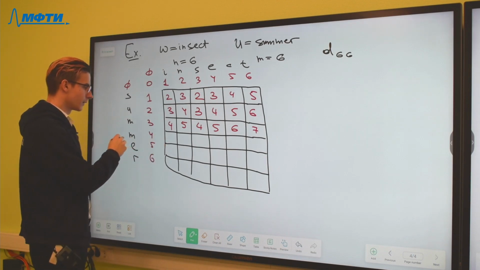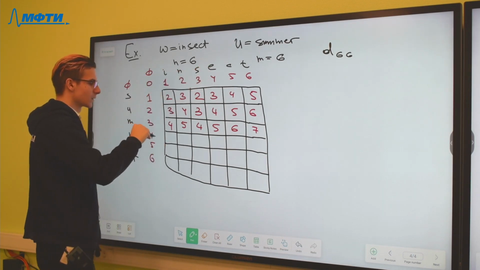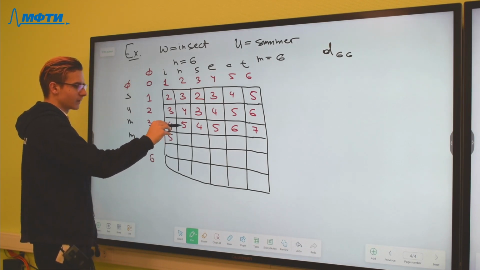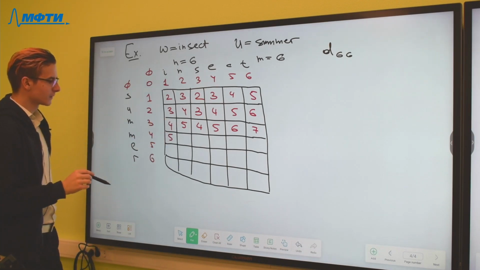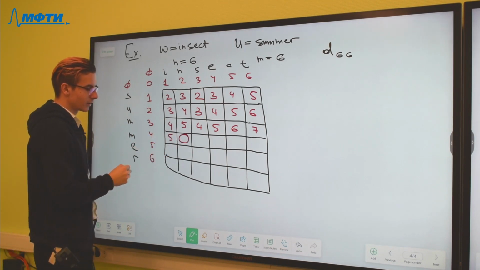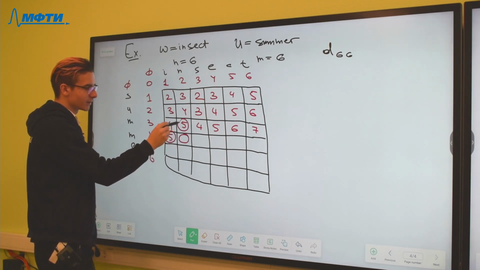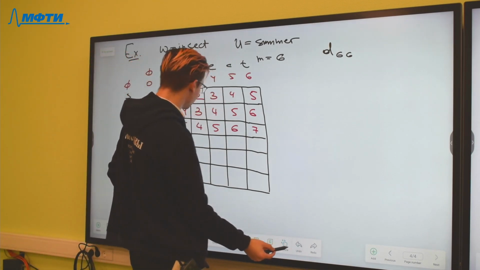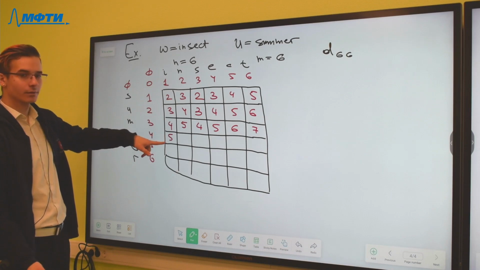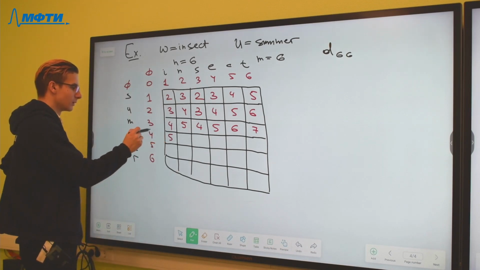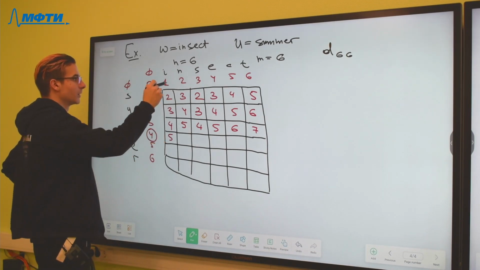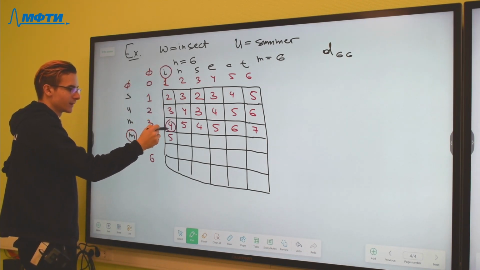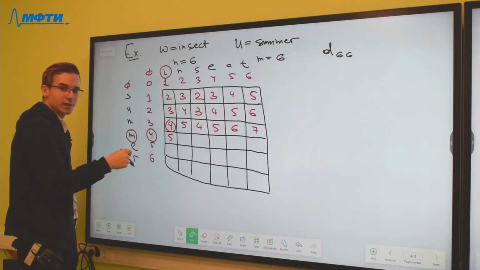Then for M compare this, we see that they're different. So we find the minimum of this. To find the number here, we compare these two numbers, find the minimum, and add 1. 5, because M is not equal to I. So we compare this number and this number and add 1.